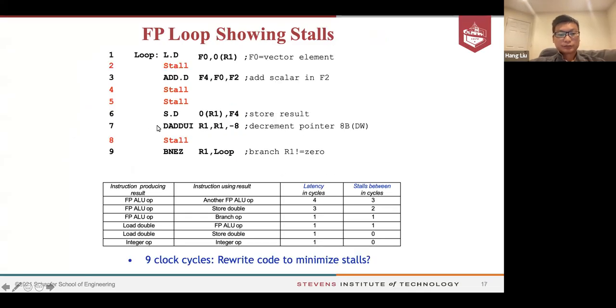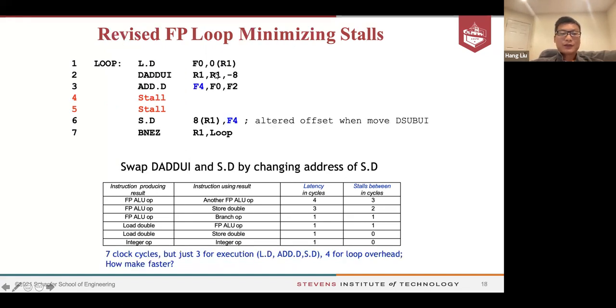Afterwards, previously we simply stored it back, using the register R1 as the memory address and 0 as the offset, the same as what we did here. But because we subtracted 8 from R1 at cycle 2, we actually have to add back this 8 because we have to write to the same xi.